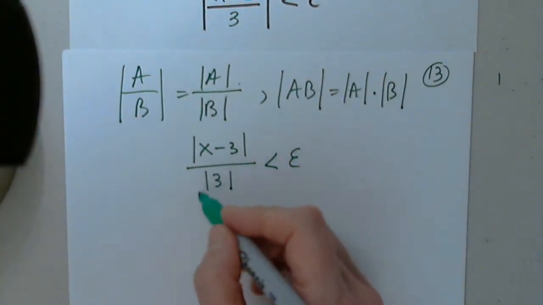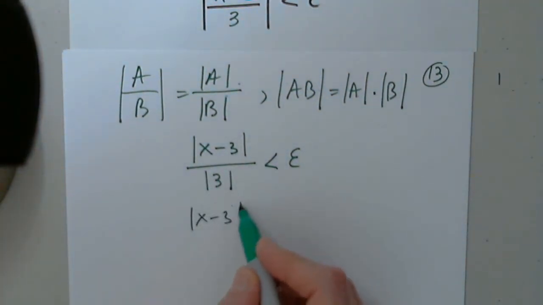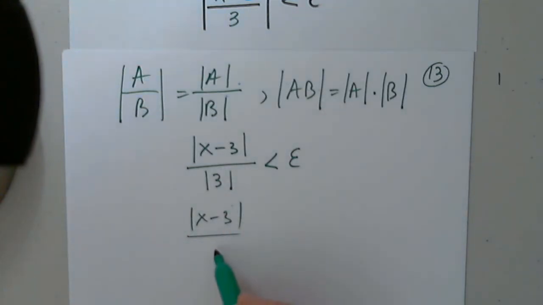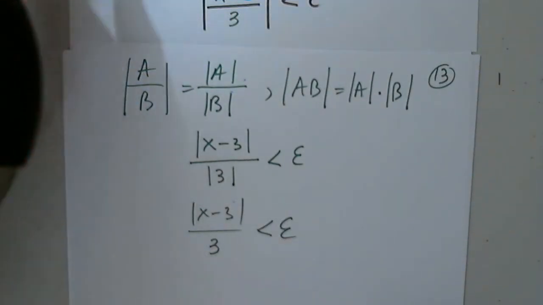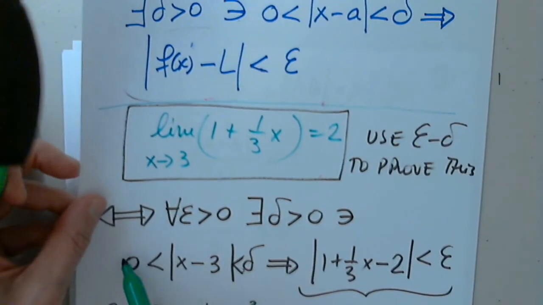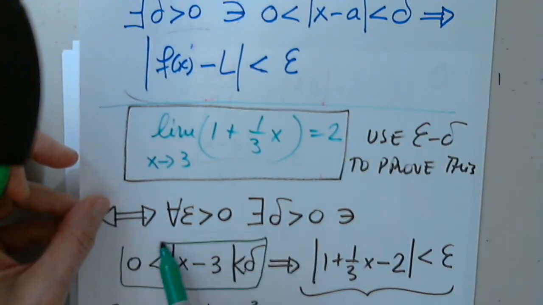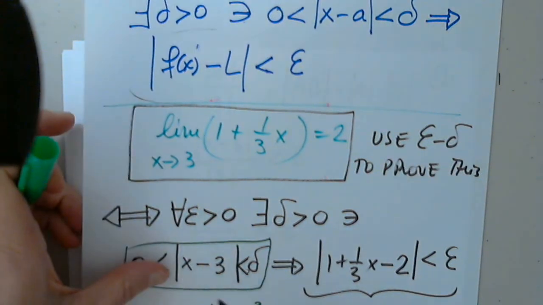Now we know what the absolute value of 3 is. How much is the absolute value of 3? 3. Good. And now here is my target. Of course, I don't care about this part. This is my target. I'm solving for x minus 3 in absolute value.